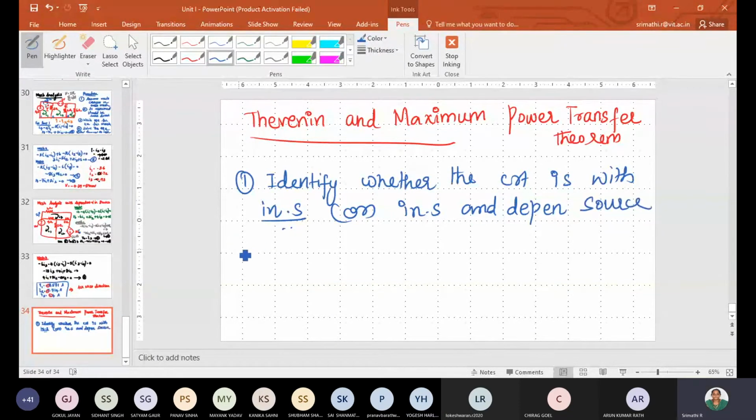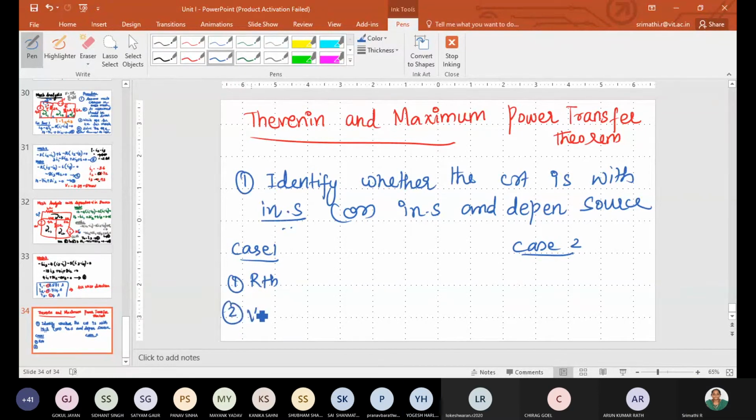So case 1, case 2. For independent sources, in all the cases you need to find RThevenin and VThevenin.